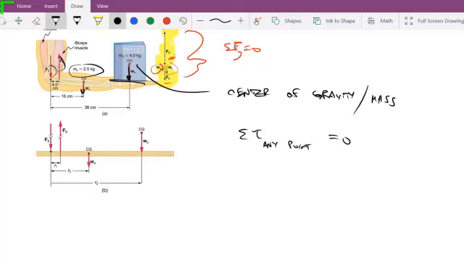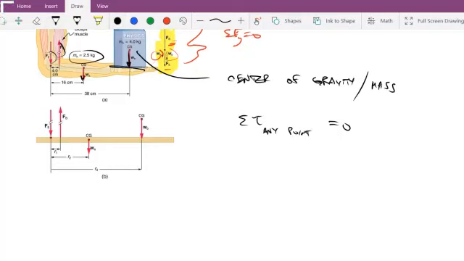And so it's most convenient to pick a point through which one of our unknown forces goes, because after all, torque is a perpendicular force times a distance away. If this distance is equal to 0, then the torque is equal to 0, and we don't have to include it.